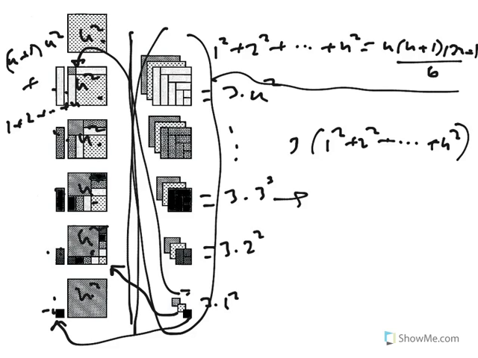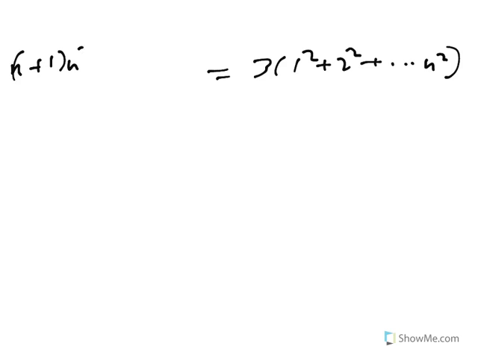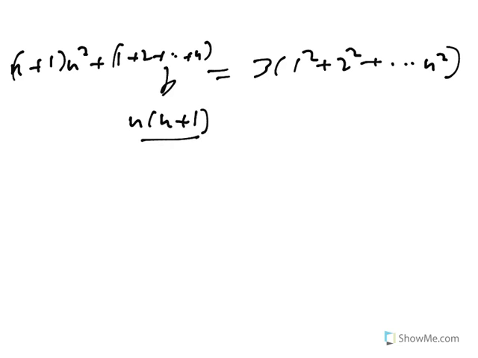If the left and right are the same, let's look at what happens when I look at the two expressions. So the right side is 3 times 1 squared plus 2 squared. The left side is n plus 1 times n squared plus 1 plus 2 up to n. We have a formula for that. That's n times n plus 1 over 2.